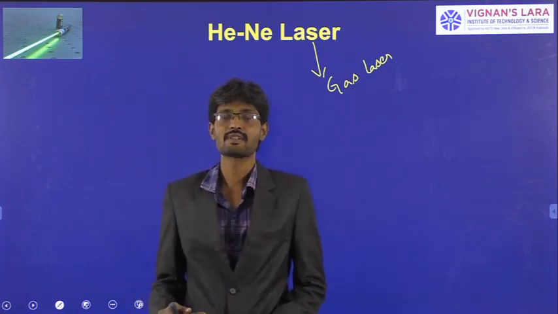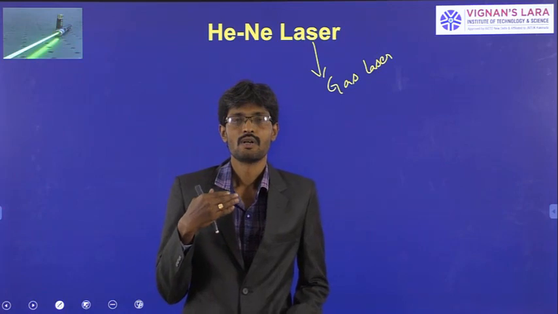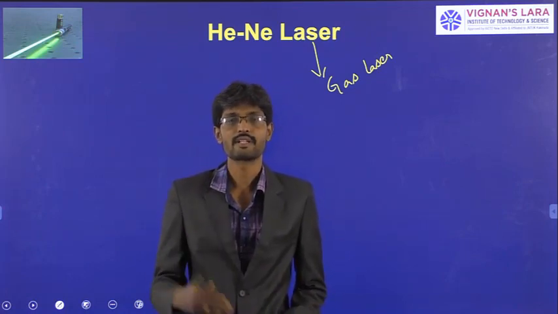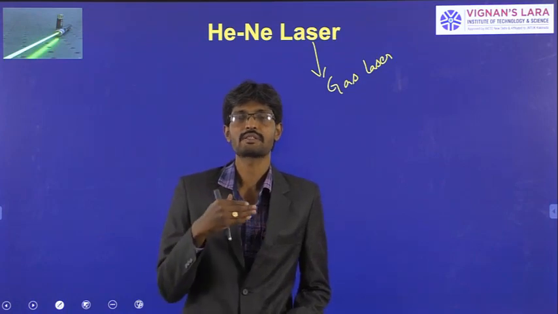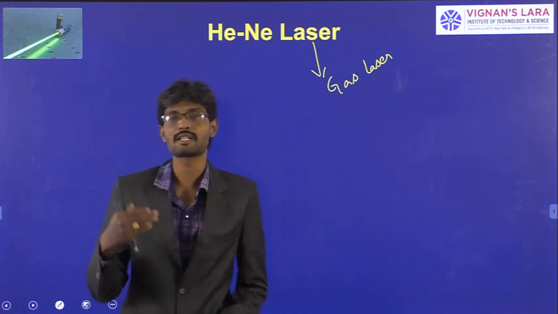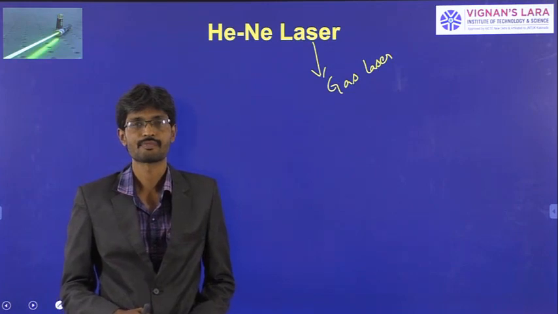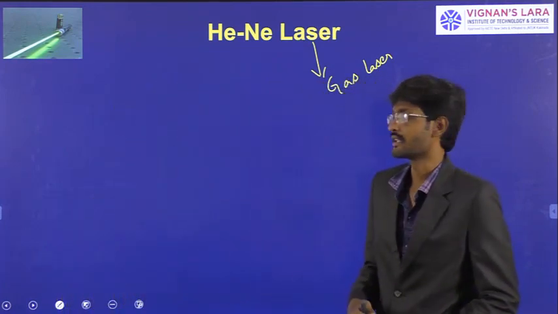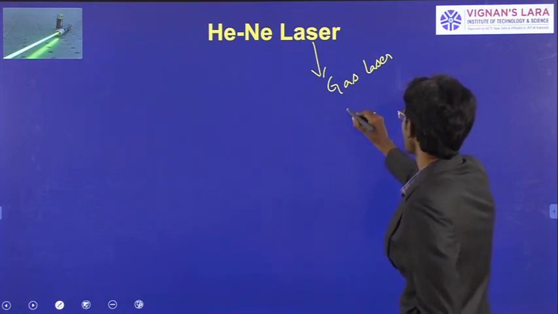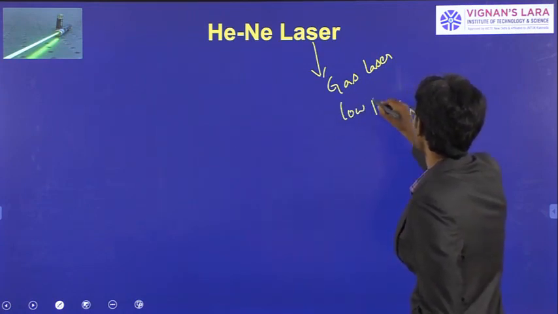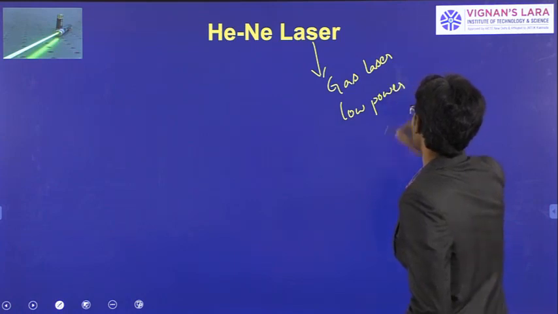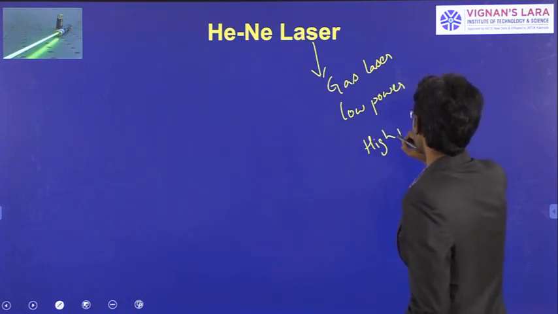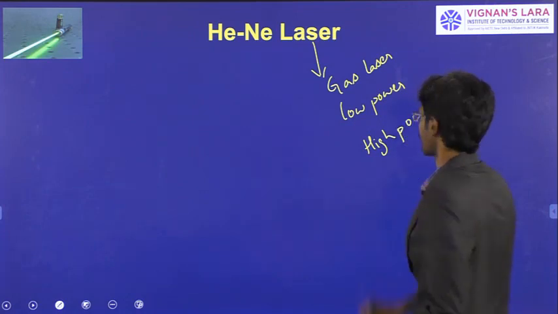Whereas these gas lasers will produce continuous laser as output, and at the same time they work effectively at room temperature. There are different modes of gas lasers, ranging from low power mode for commercial application to high power mode for industrial applications.